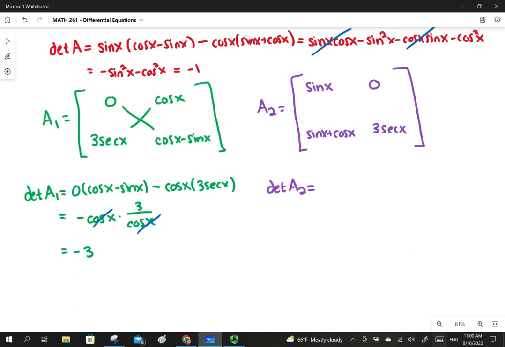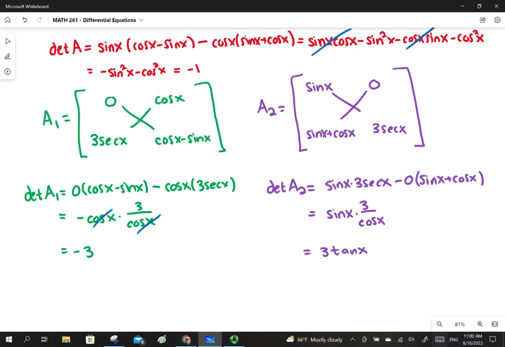And the determinant of A2 is sine x times 3 secant x minus 0 times sine x plus cosine x, which is sine x times 3 over cosine x, which is 3 tangent x.